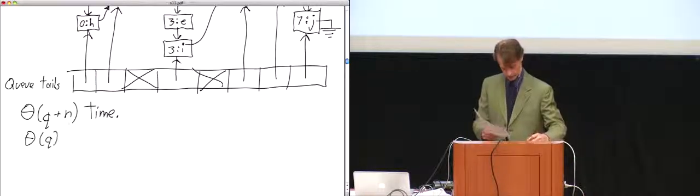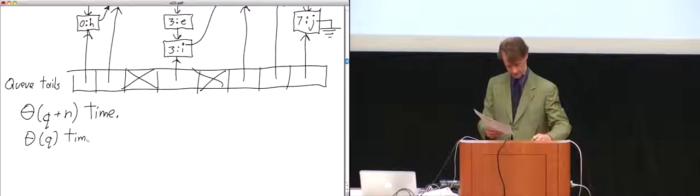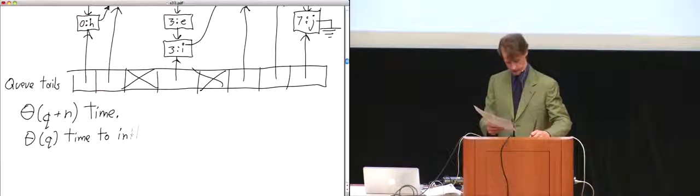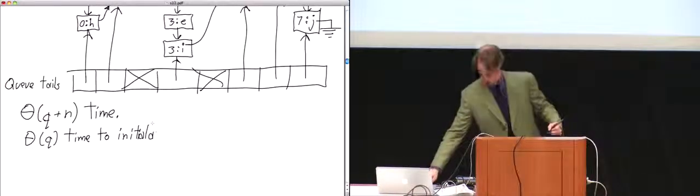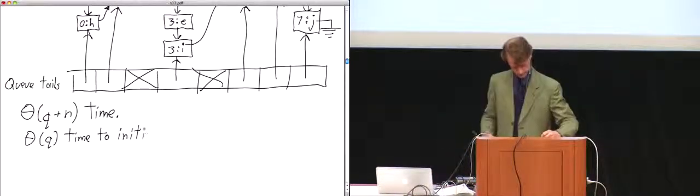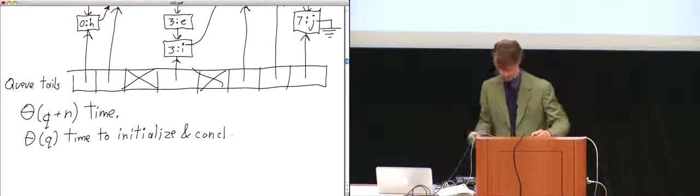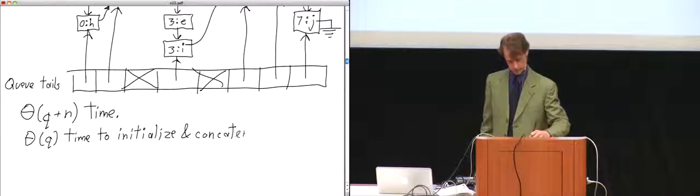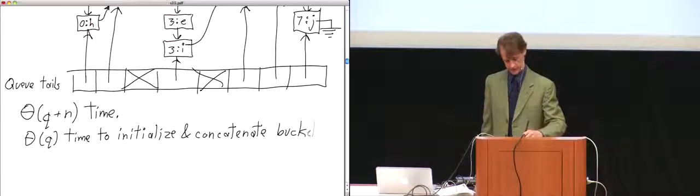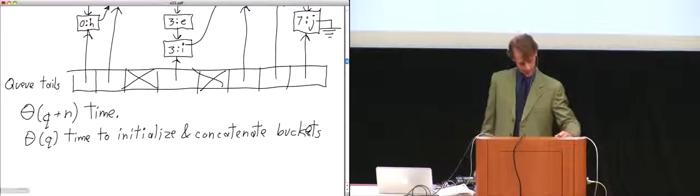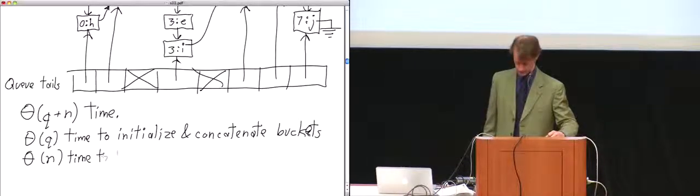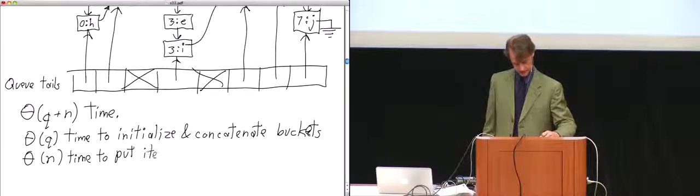And there's no circumstance under which either of those is faster or slower than linear time. So again, theta of q time to handle the buckets, initializing them in the beginning and concatenating them at the end. Between initializing and concatenating, it takes n time to put all the items in their buckets, because there's n items.